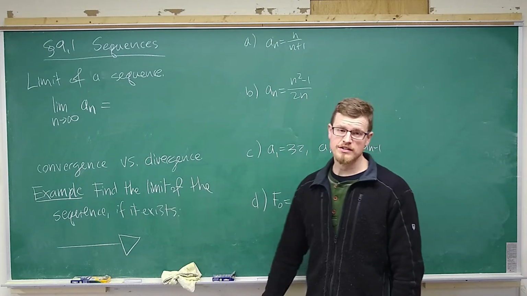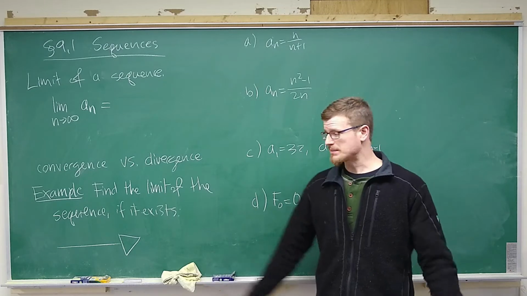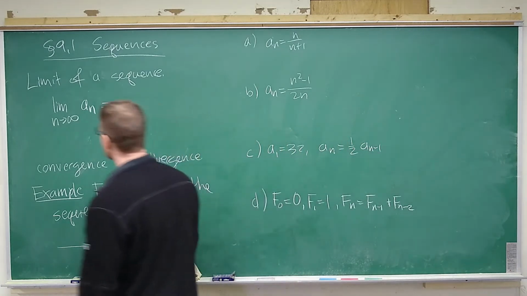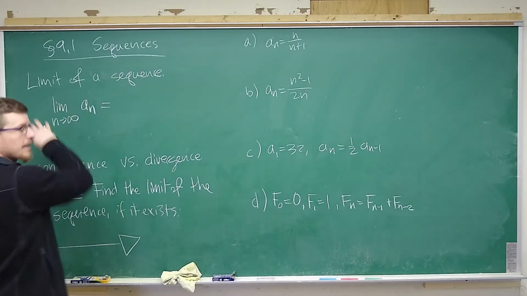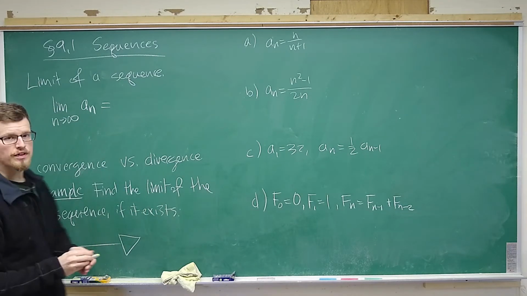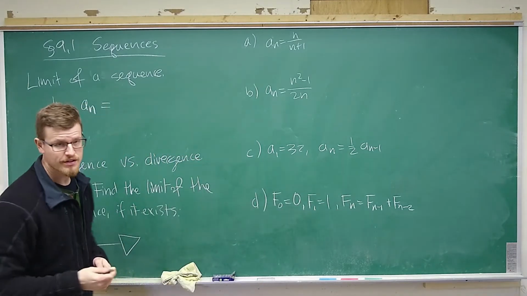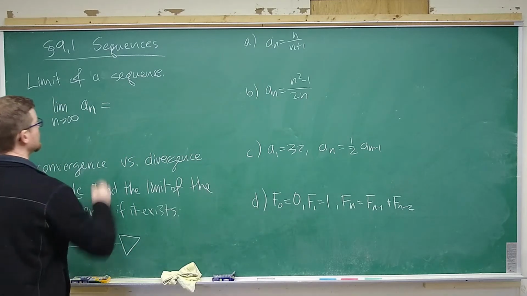We're going to continue on in section 9.1, dealing with sequences, with the limit of a sequence. Now, the limit of a sequence, again, is a limit, so we're looking at what happens as n goes to infinity. As we continue on and let n get large, what do the terms in the sequence approach?